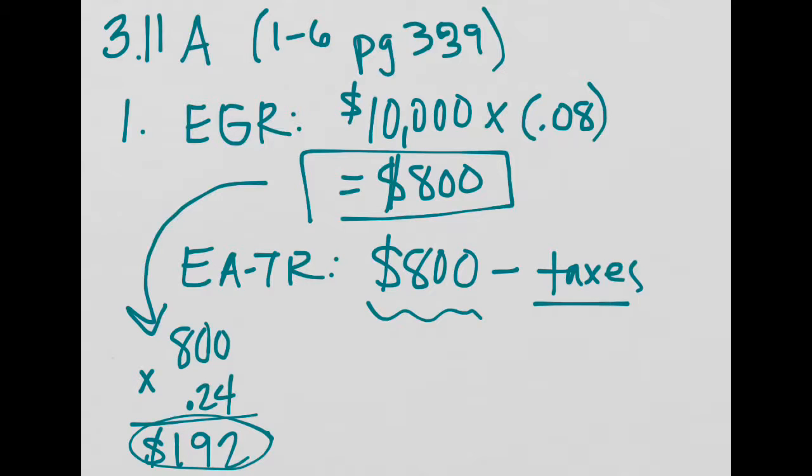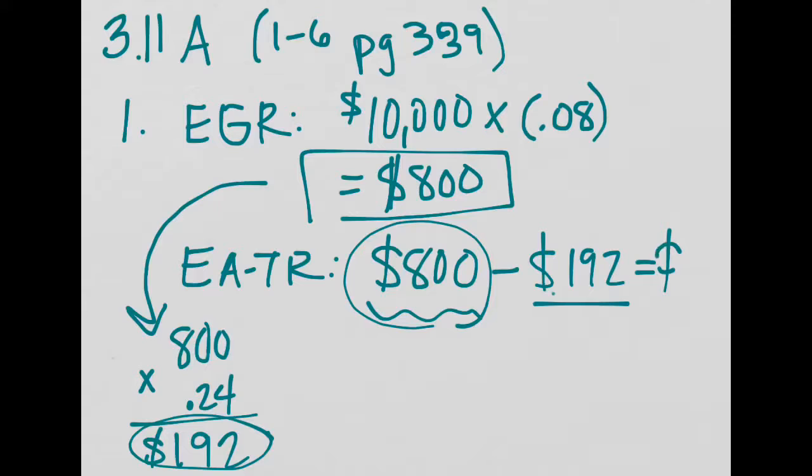So I want to start with my 800 number, and I'm going to subtract my $192 amount, and you should get $608 for the second part of number 1.